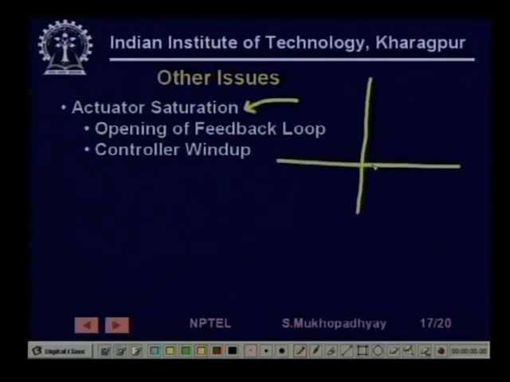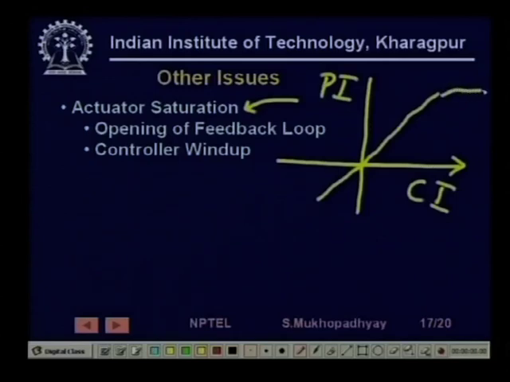The characteristic of this is the control input Ci and this is the plant input Pi. So, this is the actuator characteristic. As you increase the control input, the actuator will proportionally increase the plant input, but only up to a certain point, after which it will saturate. If you give more and more control input, it will not give you proportionally higher plant input. So, actuators typically will saturate.